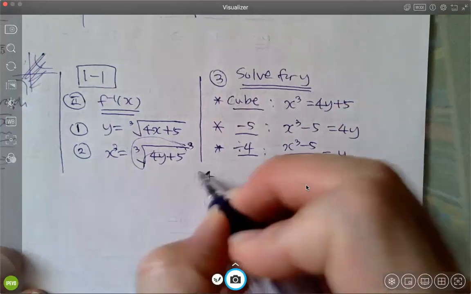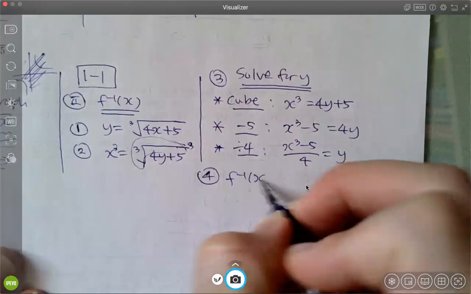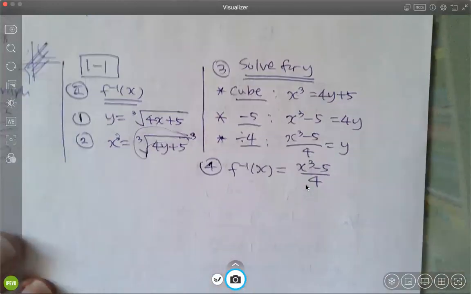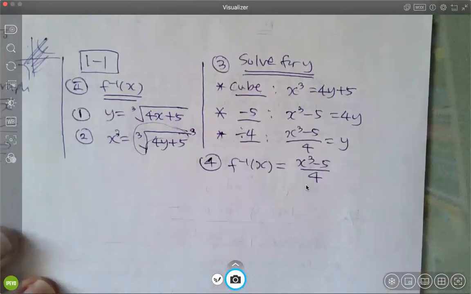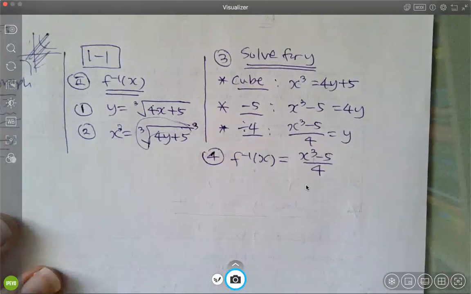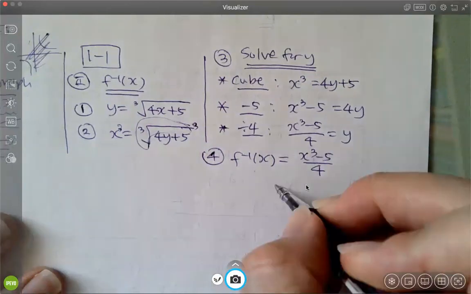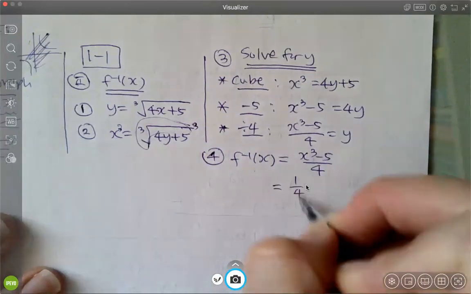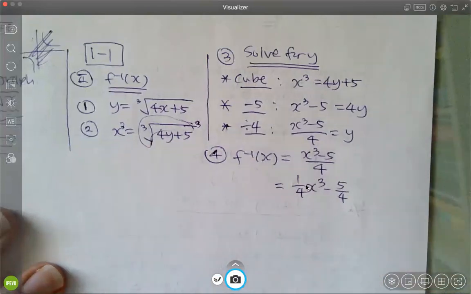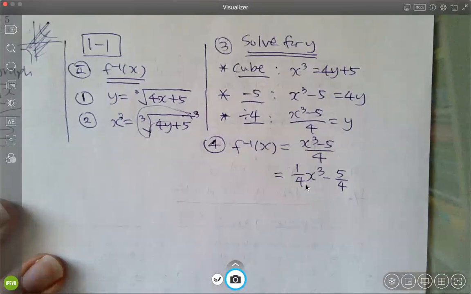So f inverse of x is equal to x cubed minus 5 all over 4. Or if the system does not accept this one, which I think it should, but just in case it doesn't, you can just rewrite this into 1/4 x cubed minus 5 over 4. Okay, either way.